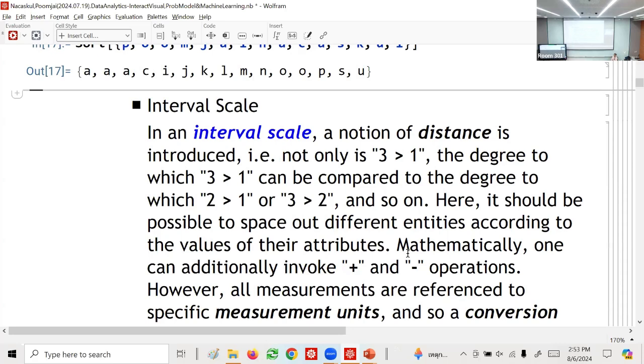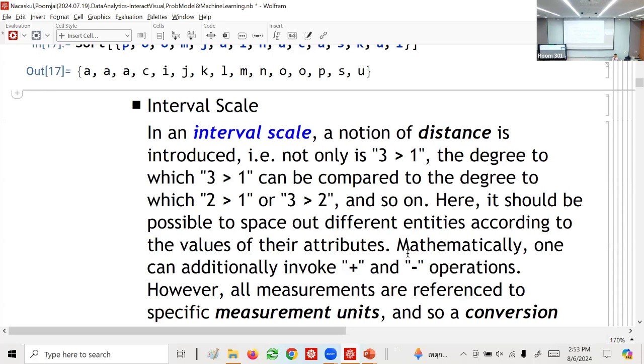Okay? Another example. This room is 25 degrees centigrade. The other room is let's say 30. Can you say that room is 30 divided by 25 times hotter? Can you say that?